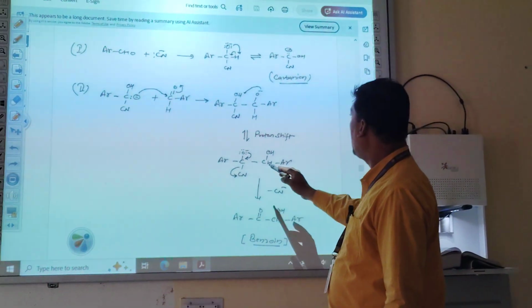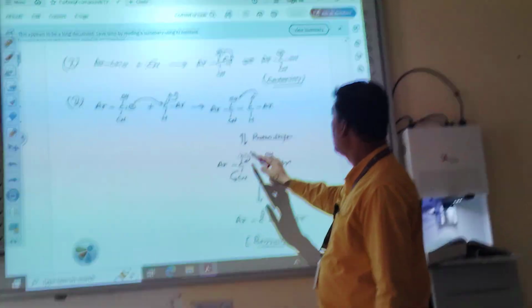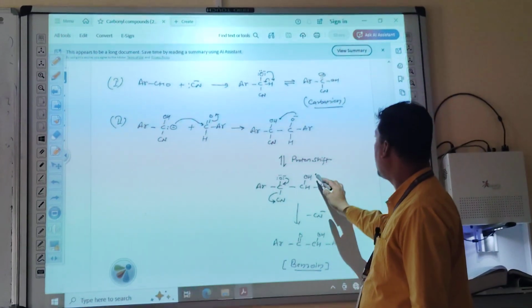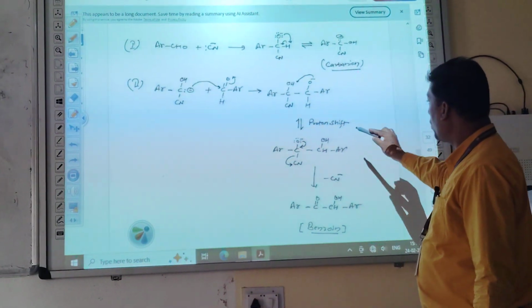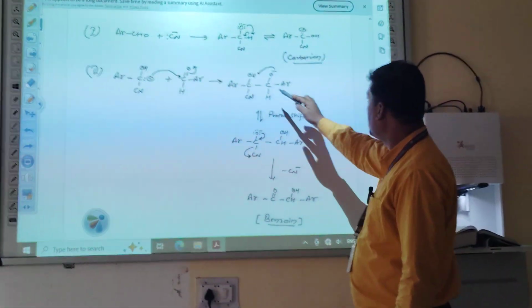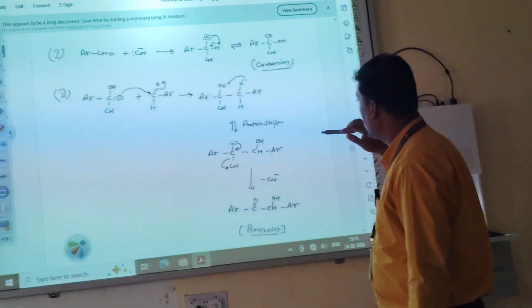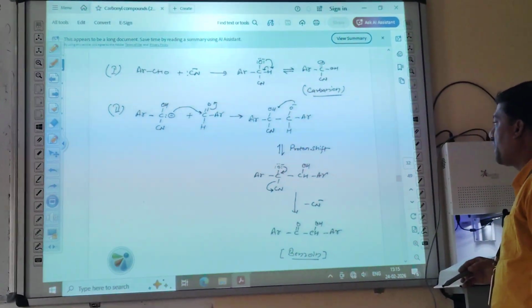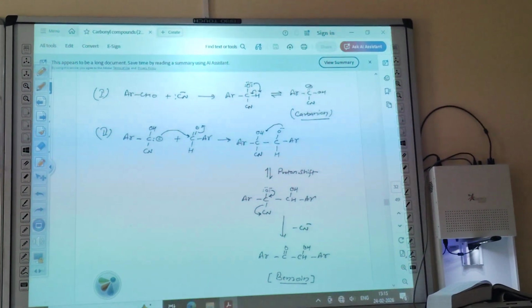This is aromatic C, CN, and O minus is there. Here an OH group is there. Proton shift is there, and in presence of CN minus, it will form C double bond O, COH. This is the mechanism of the reaction. Benzoin will be formed. The final product is benzoin.